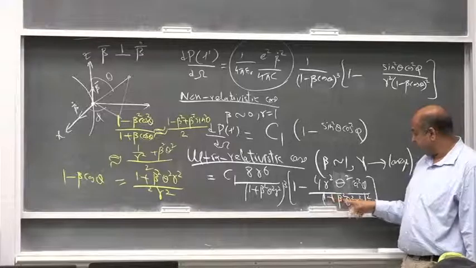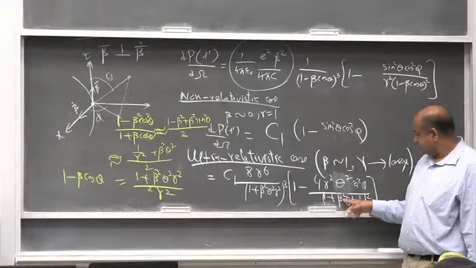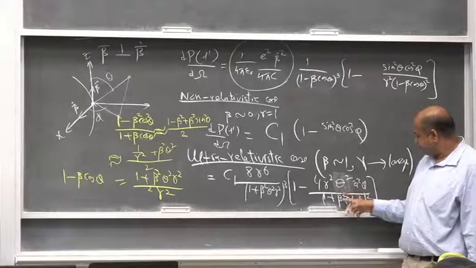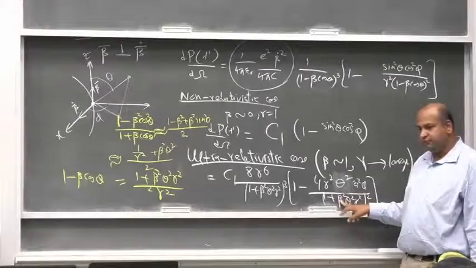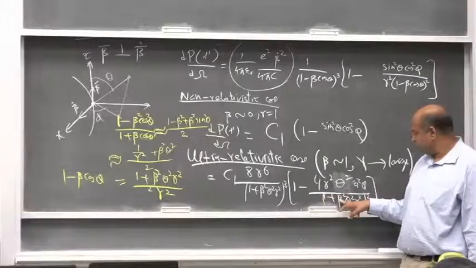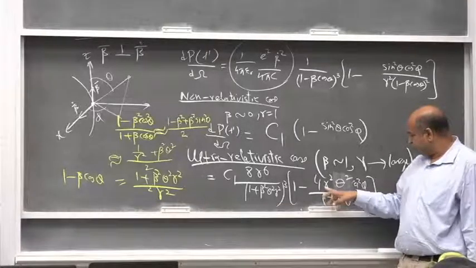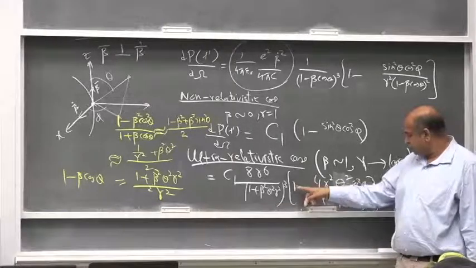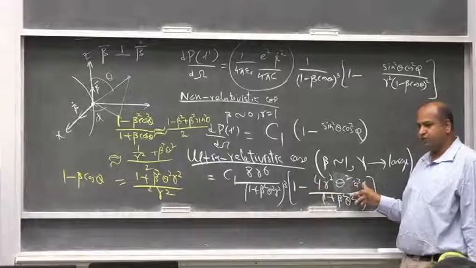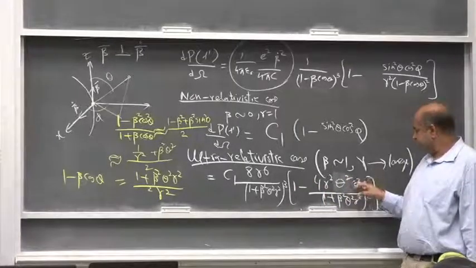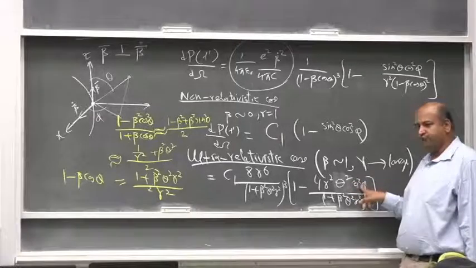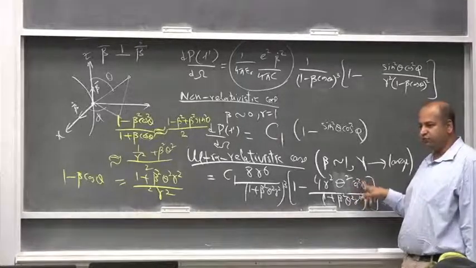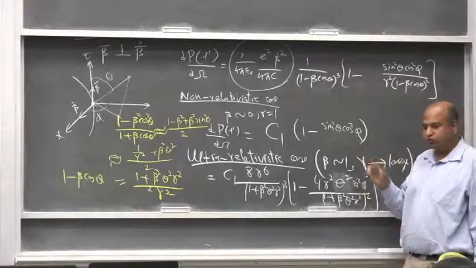This is 1 plus beta square, whole square, and beta is roughly 1. So this is 1 plus 1, 2. 2 square is 4, so 4 goes with 4. So essentially we have 1 minus cosine square phi. And this thing is now of order 1. This varies between 0 and 1 because phi can go through.